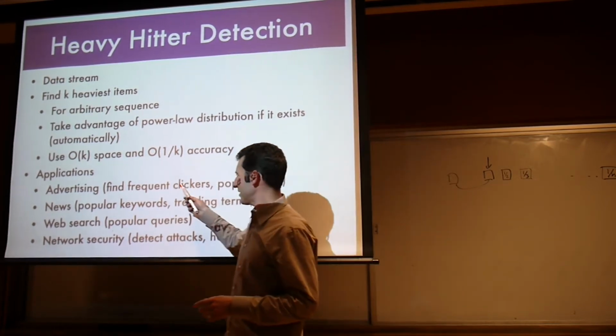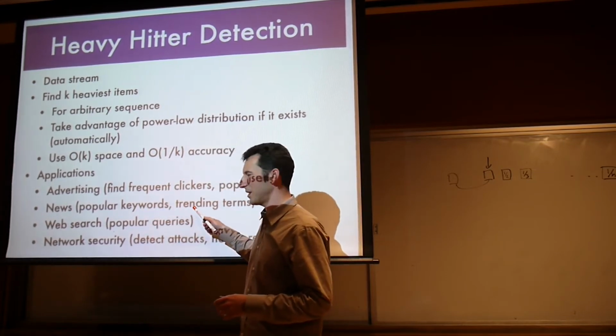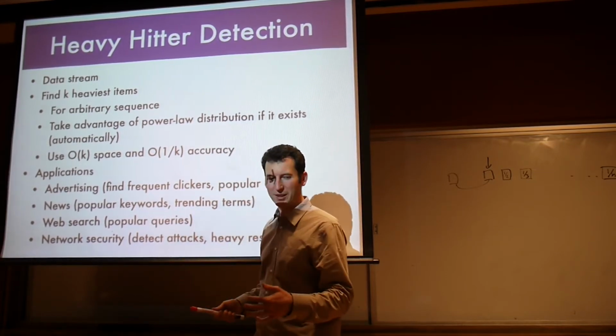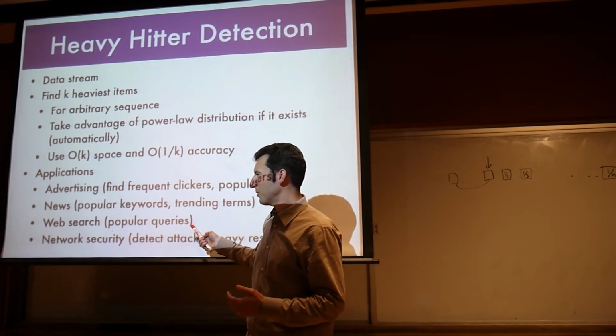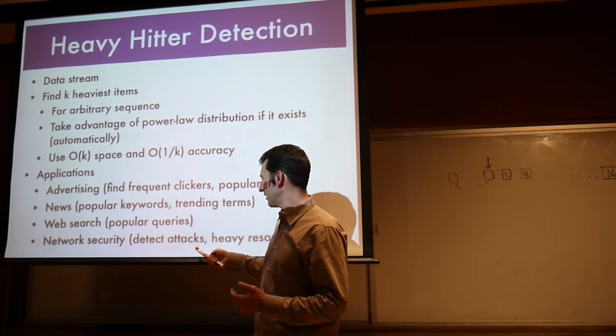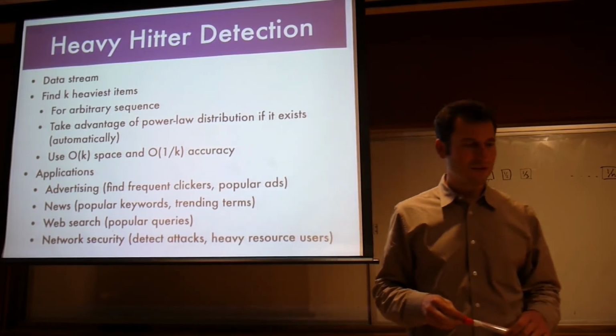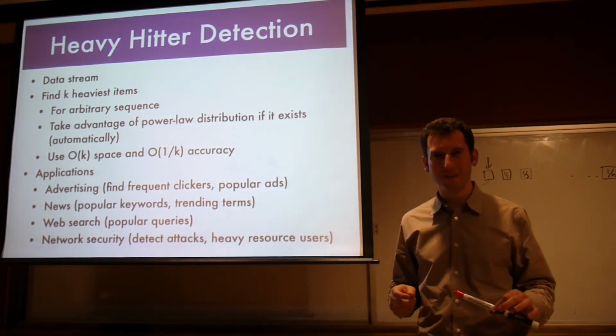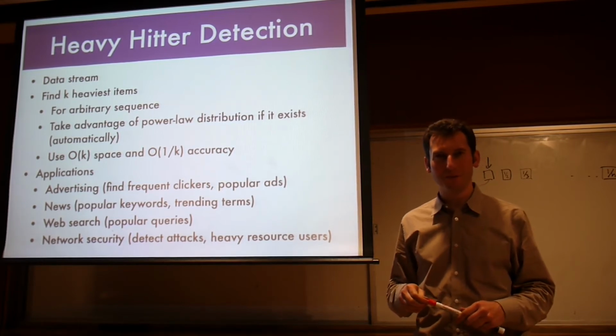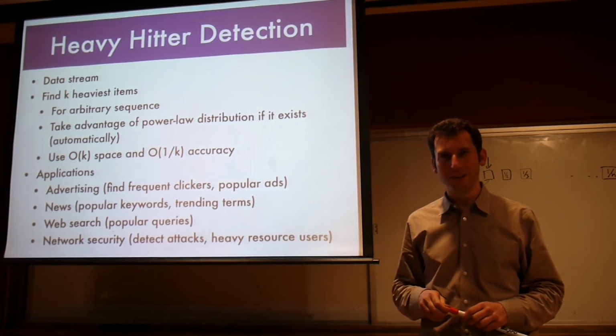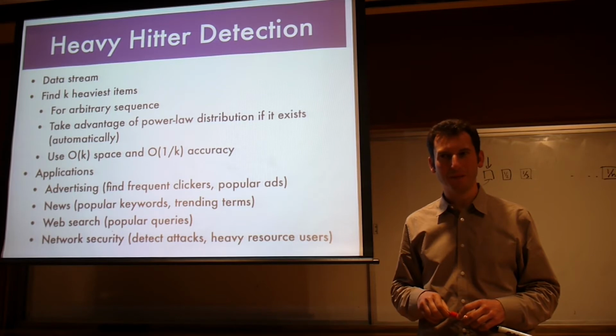Now, as said, in advertising you also want to find popular keywords in use, so you want to basically get trending keywords. In web search, you want to get the popular queries very quickly, and you want to detect attacks. So in intrusion detection, an obvious thing you want to do is find out whether you're getting a lot of requests from some IP numbers.